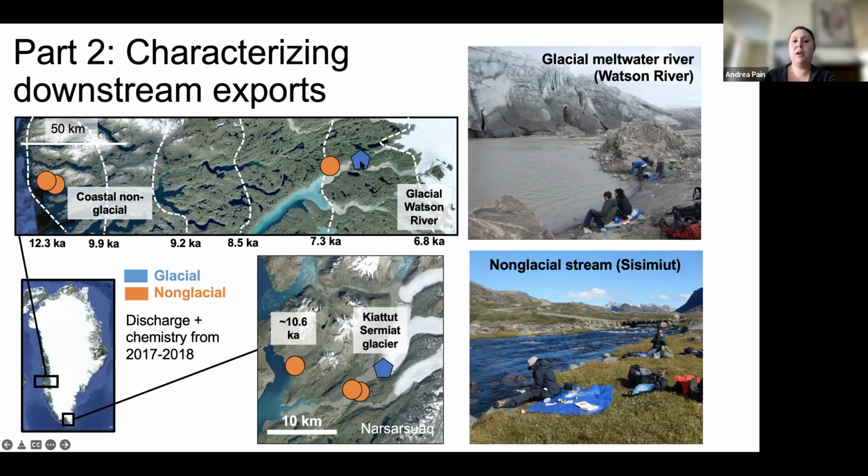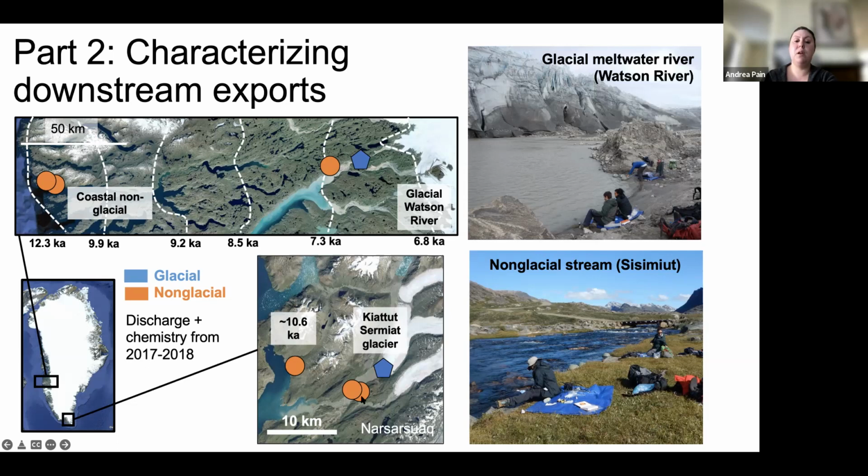And I'll be comparing the glacial meltwater river compositions and fluxes to deglaciated watersheds that span a range of exposure ages. So we have here a landscape that's been exposed for about 7,000 years. And at the coast, I'll show some information from landscapes that have been exposed for about 12,000 years.